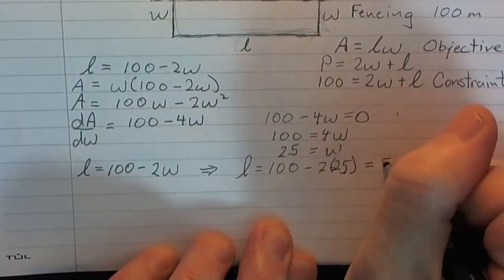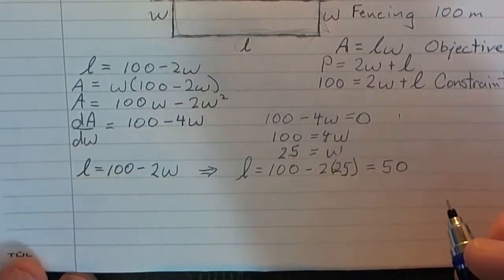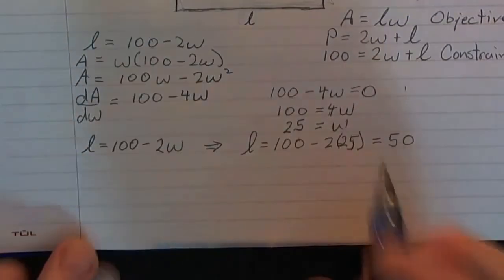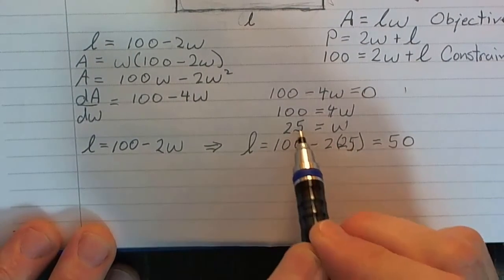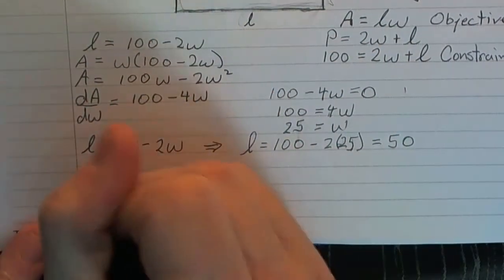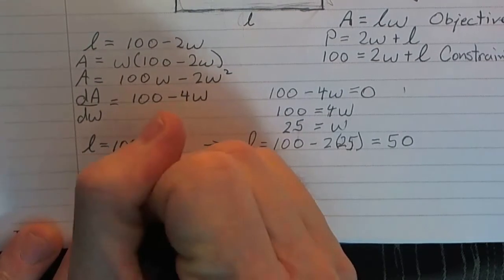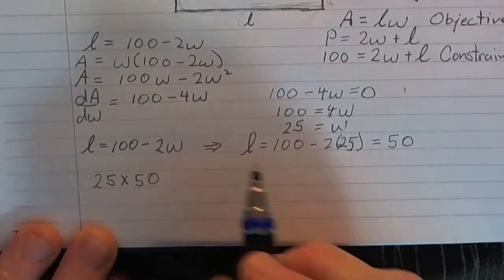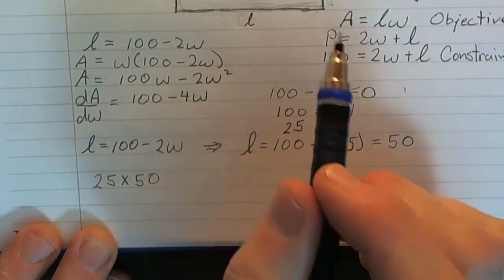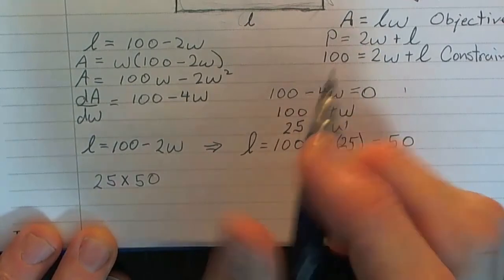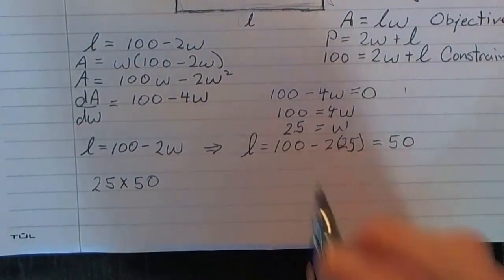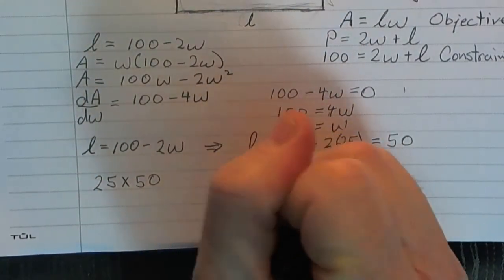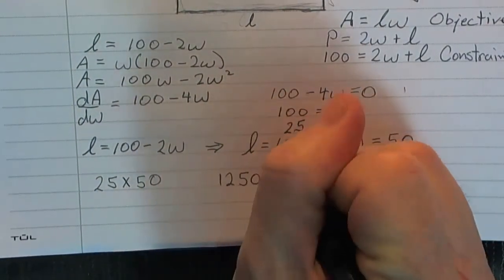So that's going to be 50. So it looks like the length has got to be 50. So here's what we have. This thing is going to be 25 by 50. Yeah, so that's going to be the dimensions of this. And then if you want to get the area, just multiply those two together, 25 times 50, and you get 1250 for the area.